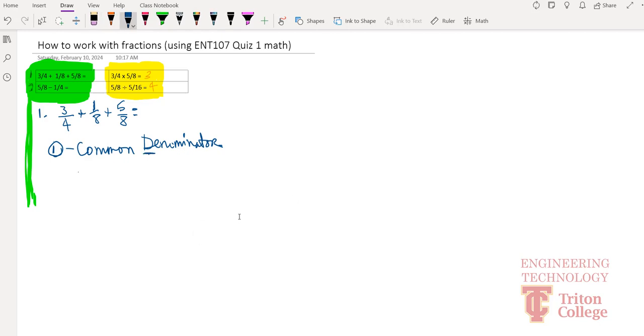So the common denominator between the numbers that we are looking at, which is 4, 8, and 8, the numbers at the bottom. Remember that. So if you have 4, 8, and 5/8, I meant, sorry, 8. You see those? Those 3 numbers come from your problem, okay?